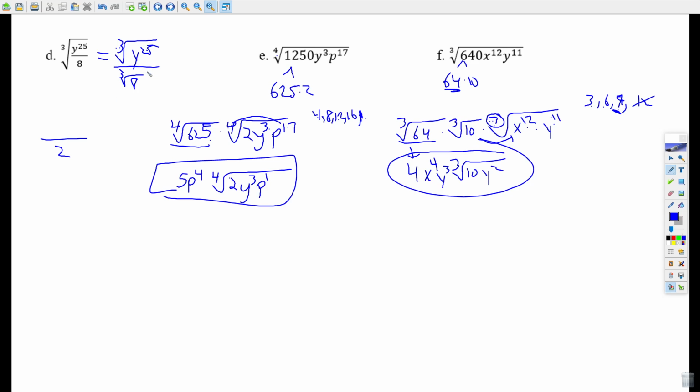So you can get up to 24, right? 3, 6, 9, 12, 15, 18, 21, 24. That would be 8 of them. So you can take out 8 sets of 3 times the cube root. If we're up to 24, there's 1 left. So it'd be like that. And that would be your answer.